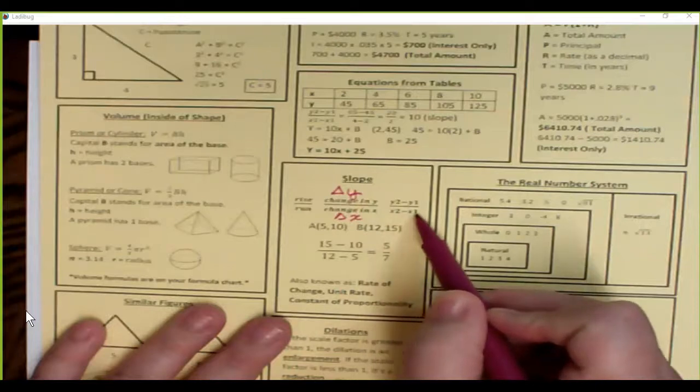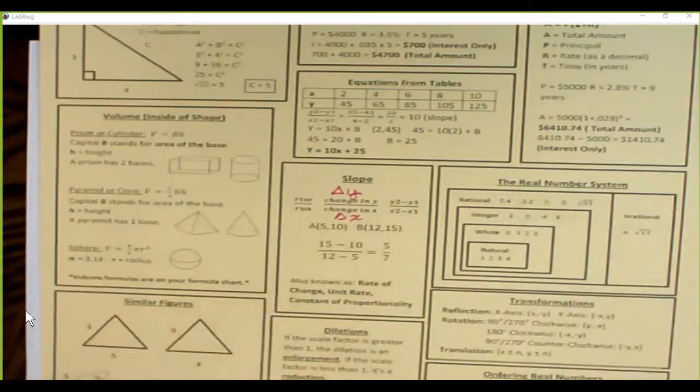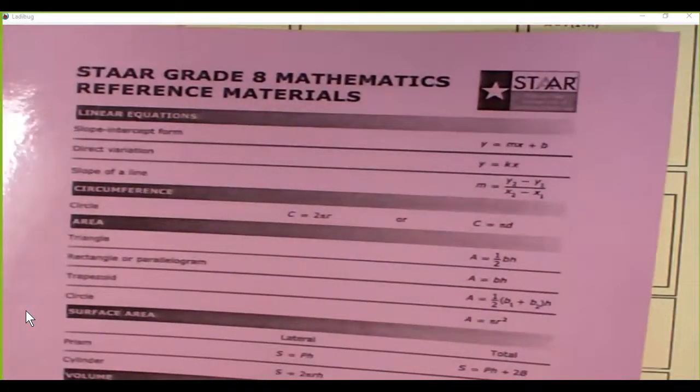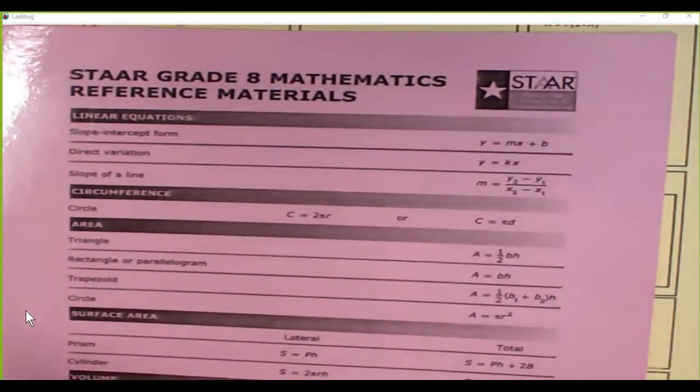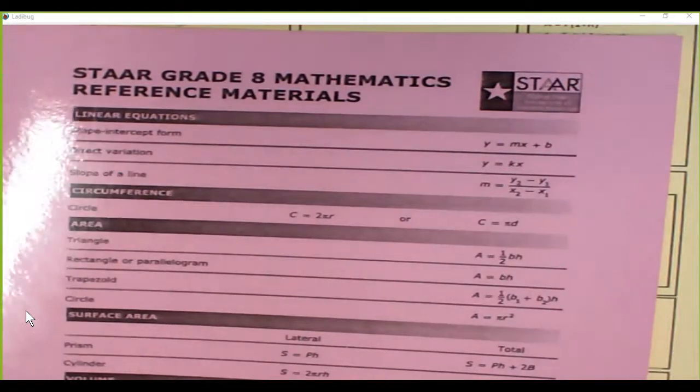So that's why it's subtraction. Change in x, how are my x's changing? By subtraction. I want you to look at your pink formula chart. Find slope of a line on your pink formula chart. Slope of a line under linear equations. It's right there. That's that same formula.